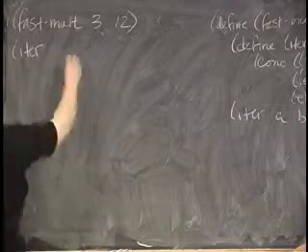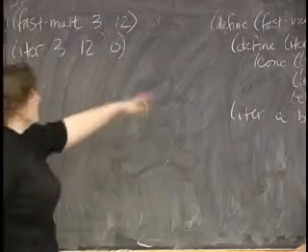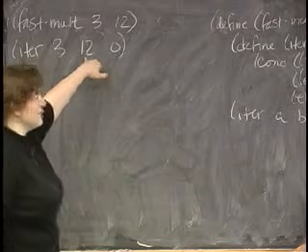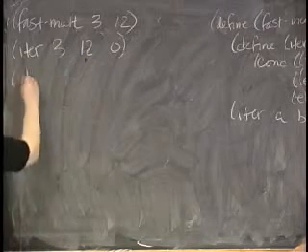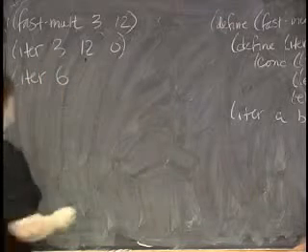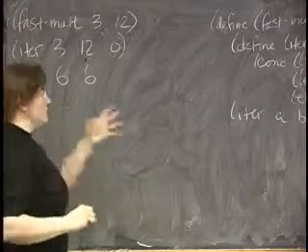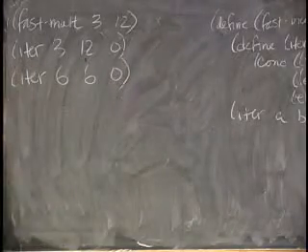Iter on 3, 12, 0. Is B 0? No. Is it even? Yes. So we say iter on double A, half B. Do we do anything to result? No. We call iter again.